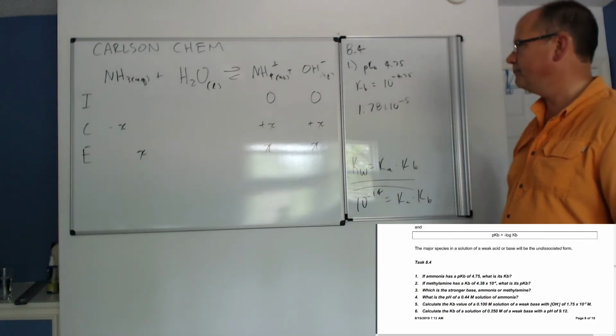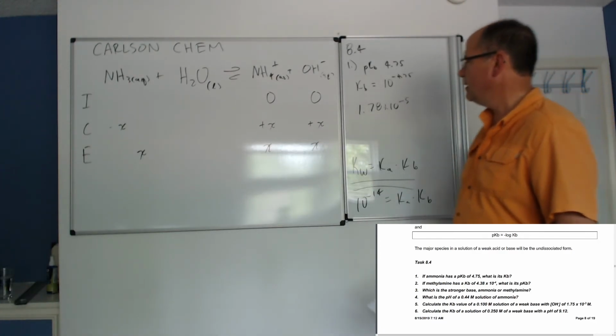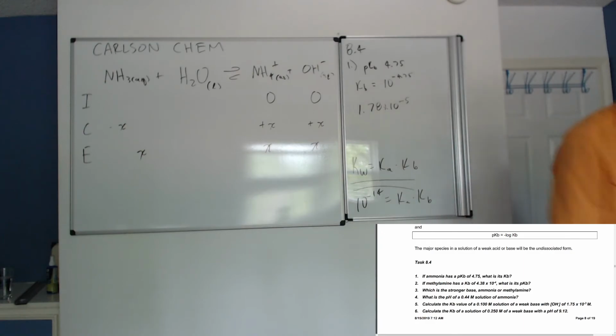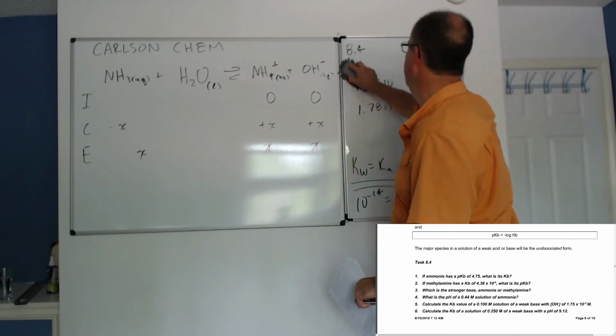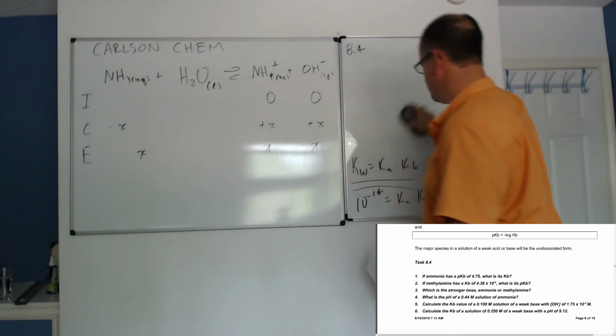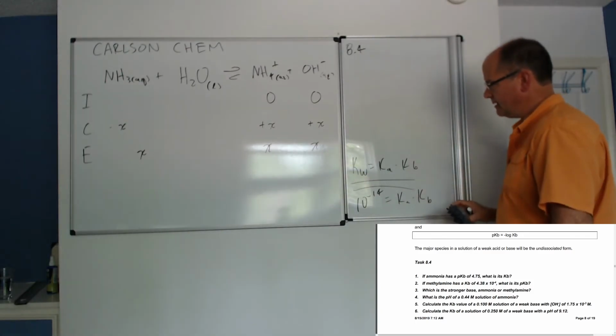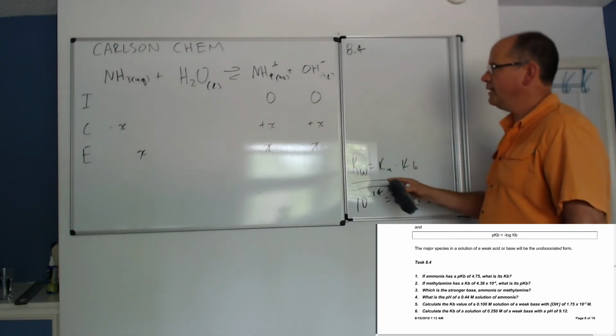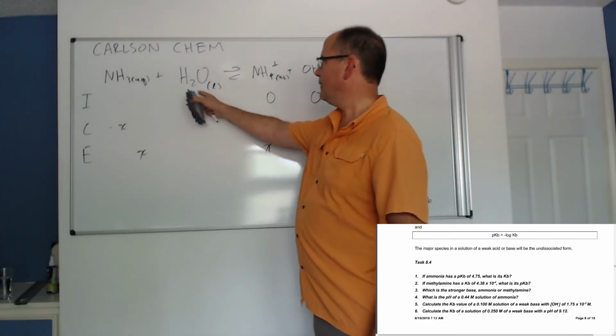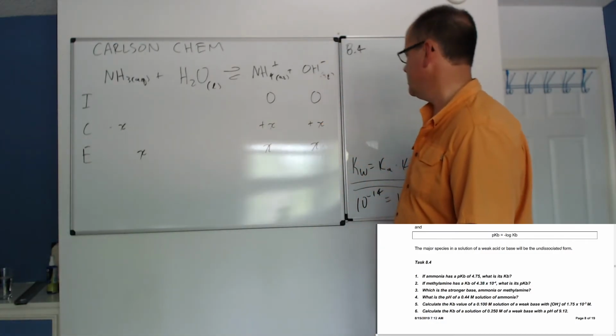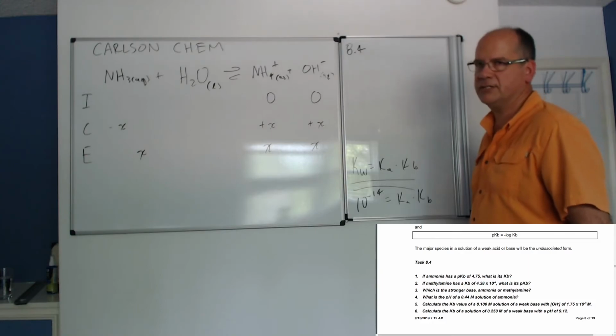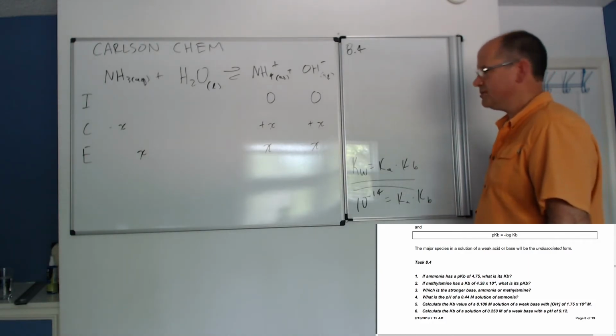It's a constant. All right. If you have a question on that, I can clarify. But you should always keep in mind that Kw equals Ka times Kb. The equilibrium constant of water is equal to the dissociation of the acid times the dissociation of the base.